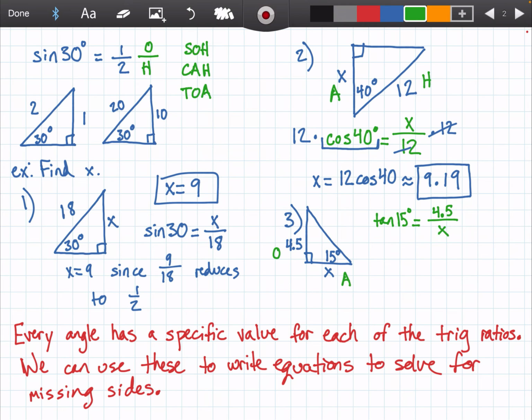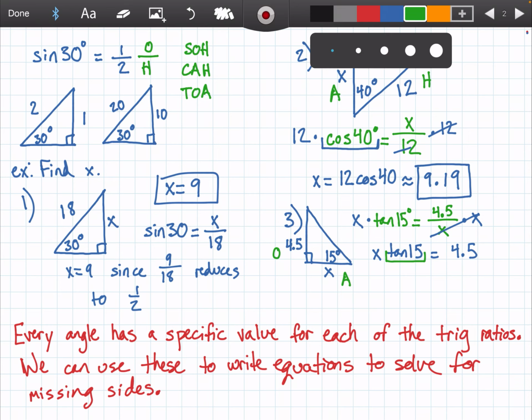Well, this time x is in the denominator. So this time what I can do is, I don't like denominators, so I'm still going to times by x, which cancels out x in the denominator, so I get x tangent of 15 degrees equals 4.5. And like we said, tangent of 15 is a specific value, which means that what we can do is divide both sides by tangent of 15.